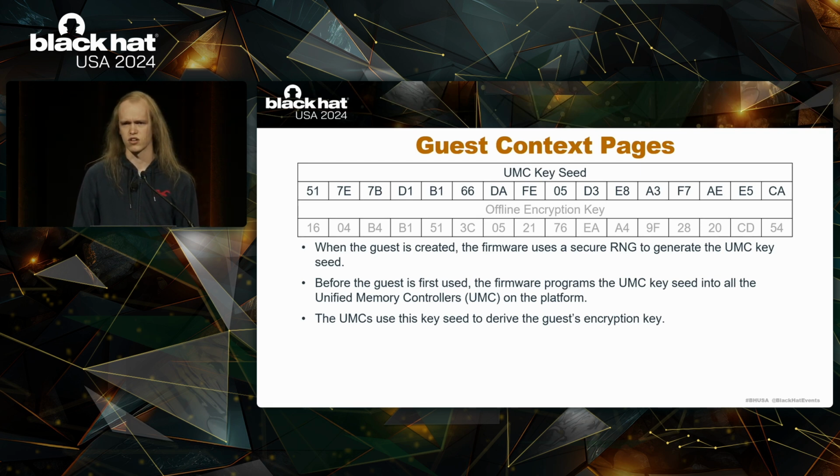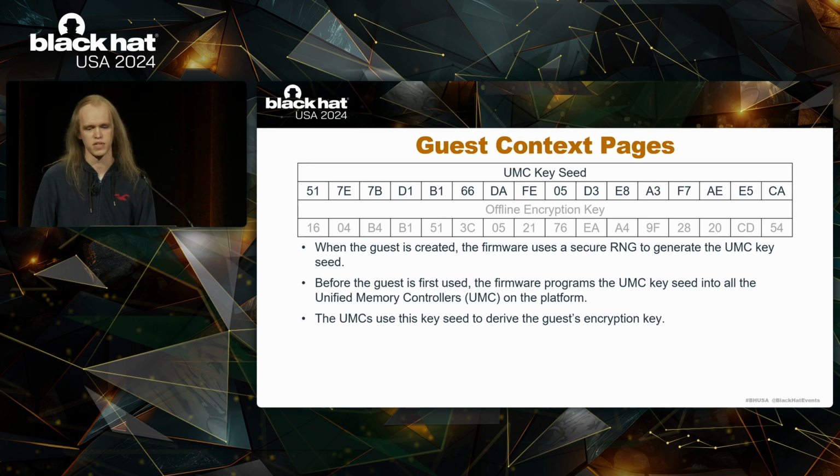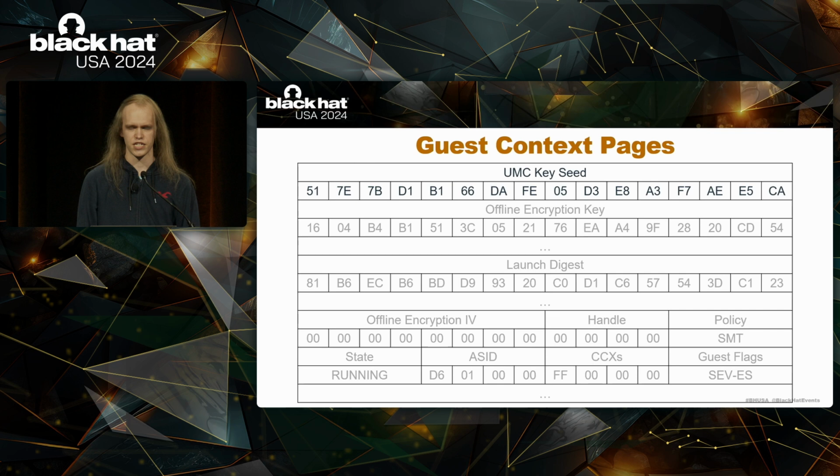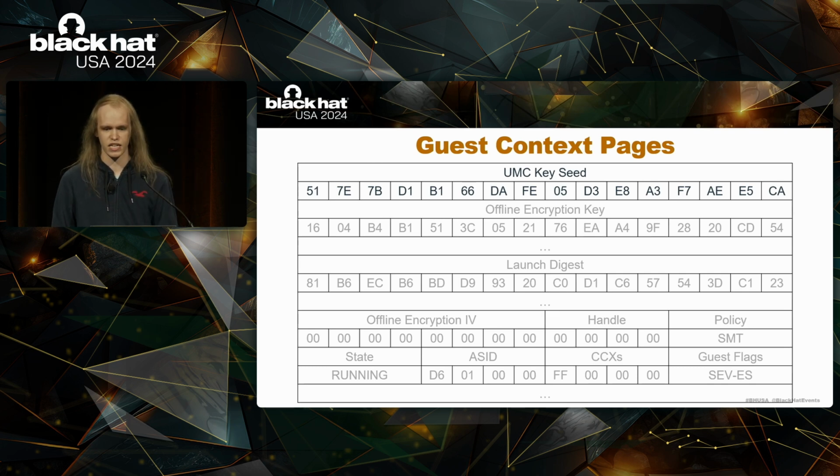So it turns out that a lot of CPUs actually have multiple memory controllers, and so the firmware needs to tell all of them about this UMC key seed so that they share the same encryption key, and that's also why they need to deterministically derive the actual key from this key seed. What's really interesting, though, is that if we use this memory vulnerability I talked about, and we point a request and response buffer in such a way that it points just at the beginning of the UMC key seed, we can actually corrupt the UMC key seed.